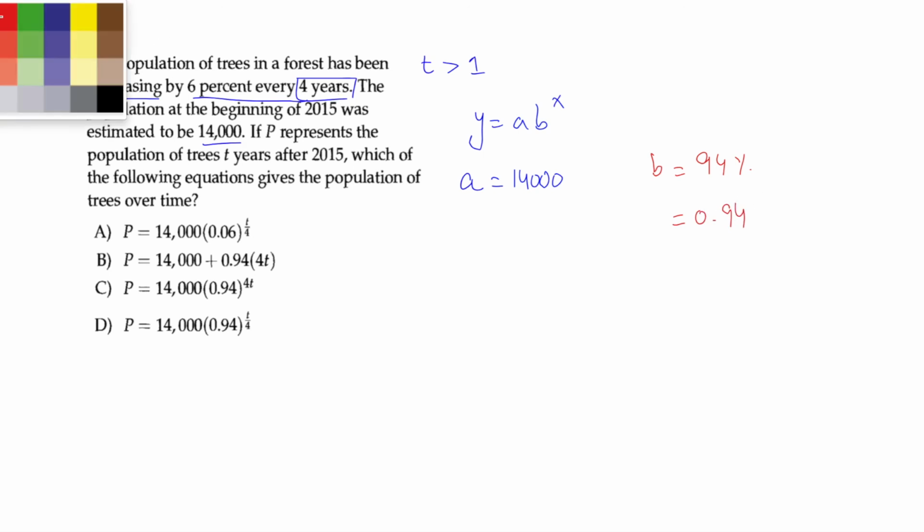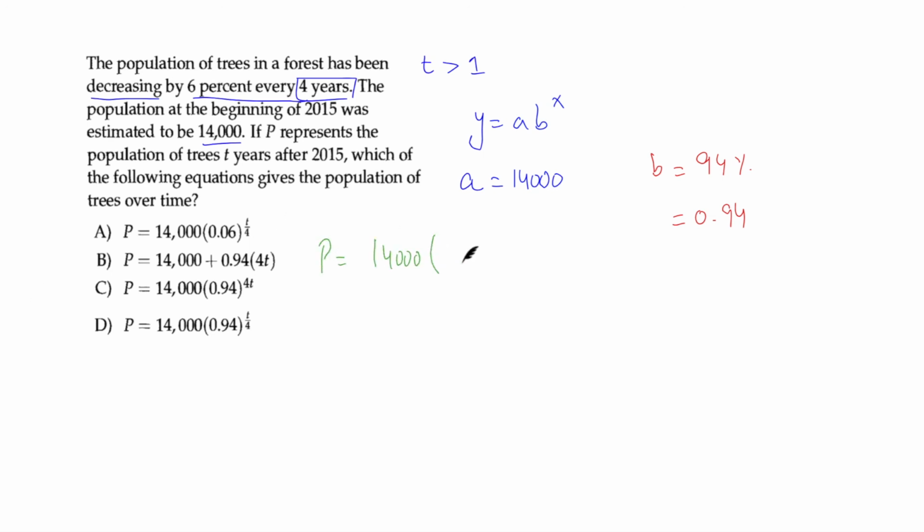So our equation would look something like this: P equals 14,000 into 0.94, the remaining amount, raised to power t by 4. Please be careful of this because it decreases by 6% every 4 years. t is greater than 1, which is option choice D.